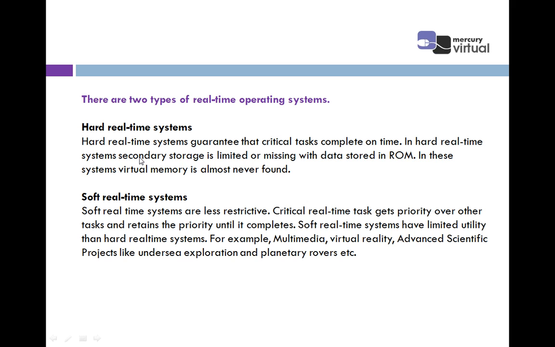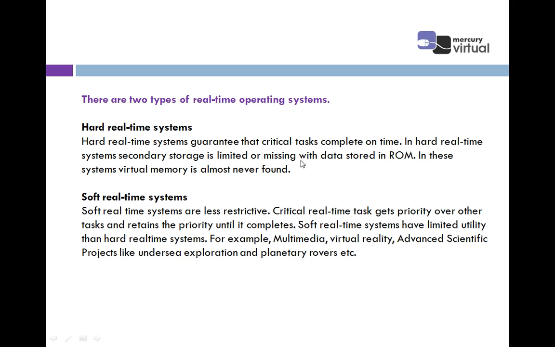In a hard real-time system, secondary storage, which I discussed in the first class as used for backup storage, is limited or missing, with data stored in ROM. ROM, as I discussed in the first class, is read-only memory.